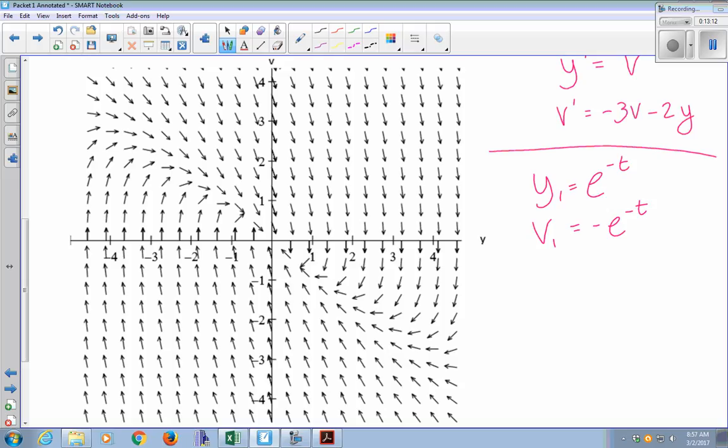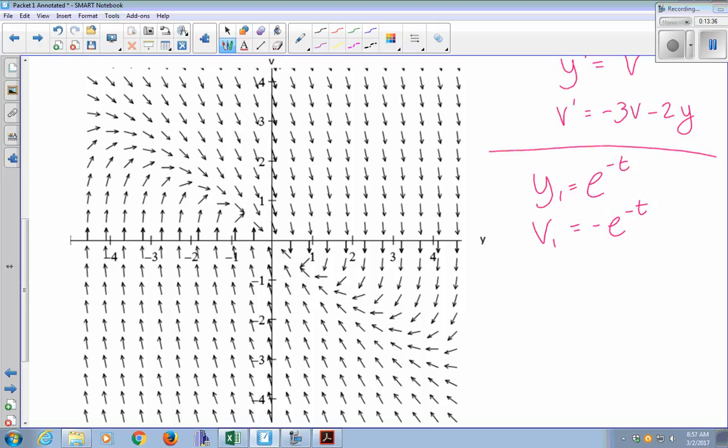I need to know stuff about y and v. How could I figure out my initial condition? The way I normally use this direction field is I plot an initial condition and then I follow the arrows. Initial condition means where that point is at time 0, right? So I need to know the position and the velocity at time 0.